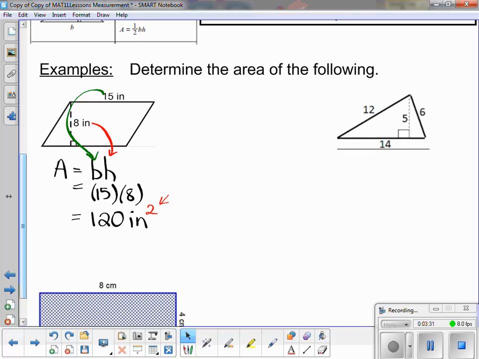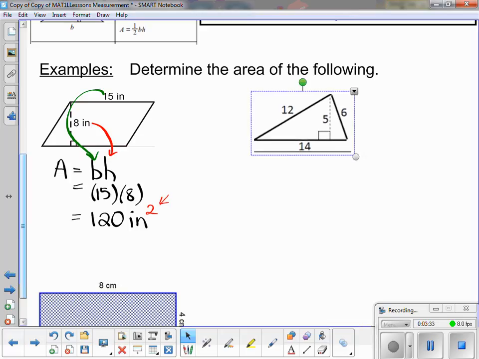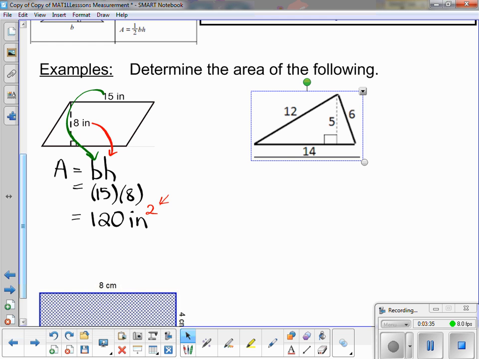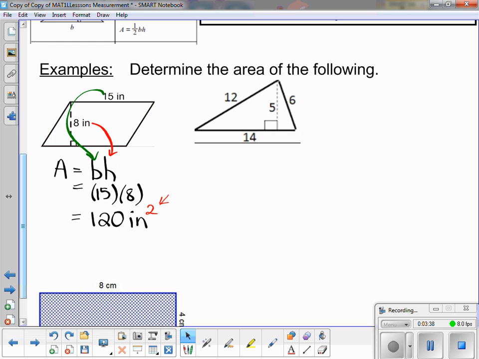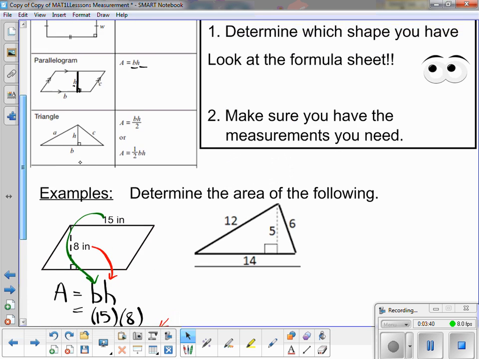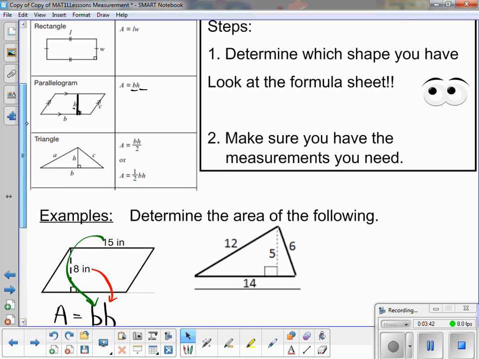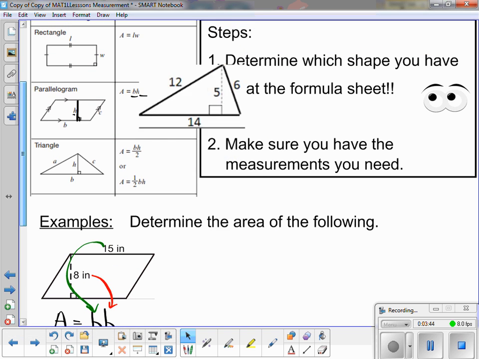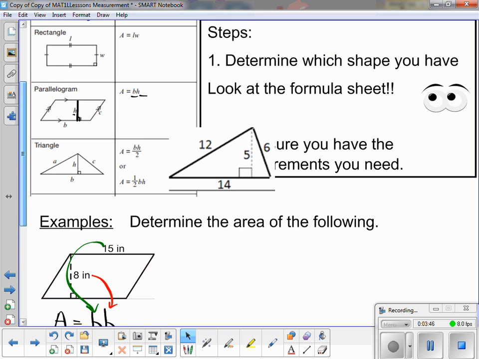If we look at this one over here, first of all, I have to identify what shape that is. So I'm going to take it up here. What shape are you? Obviously it's a triangle. So to have a triangle, I need to look at the formula. It says I need the base, which I think I have, which is the 14, and I need the height.